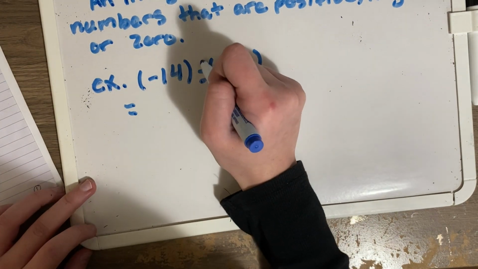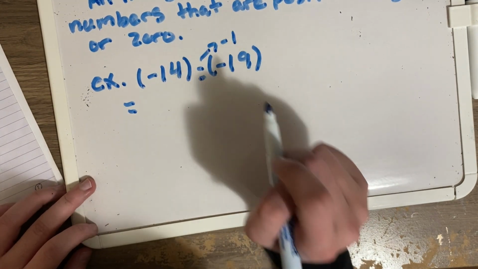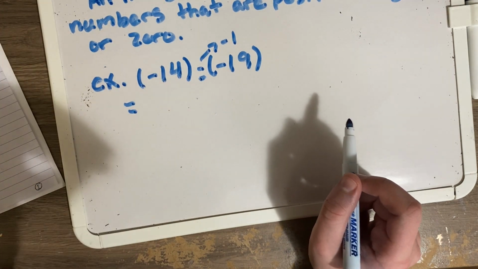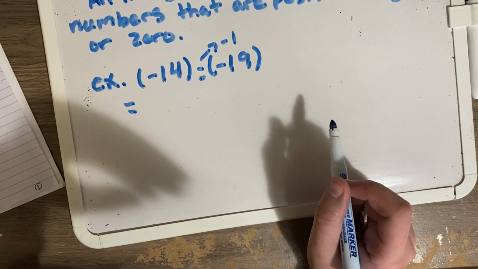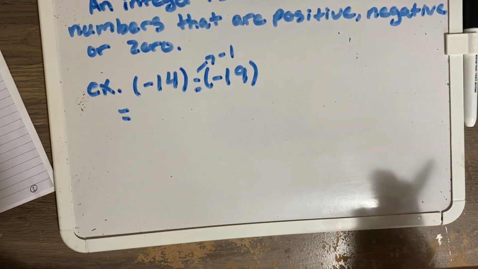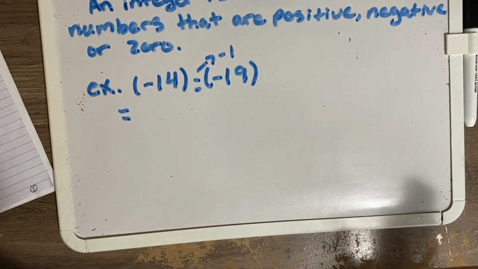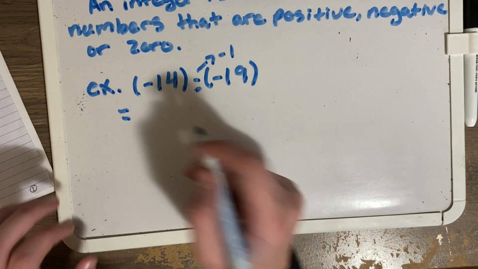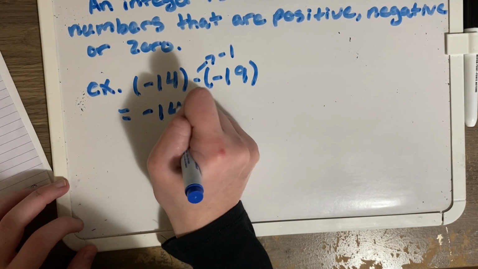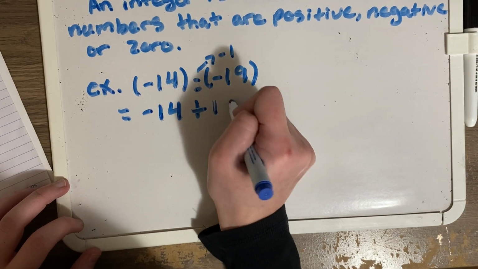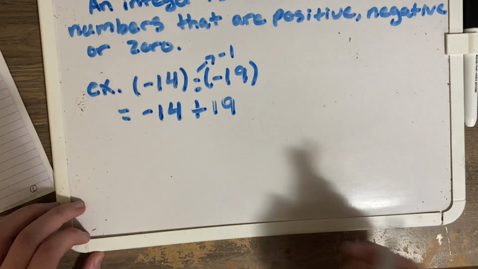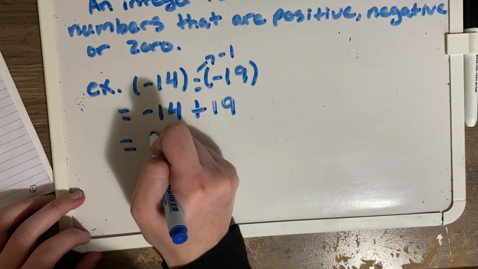So here we pretend that there is a negative 1 in front of the brackets, even though it's only a negative symbol. Then we put into effect the formula that 2 negatives make a positive. So negative 1 multiplied by negative 19 gives negative 14 plus 19. Now that 19 has become a positive, and the answer is 5.